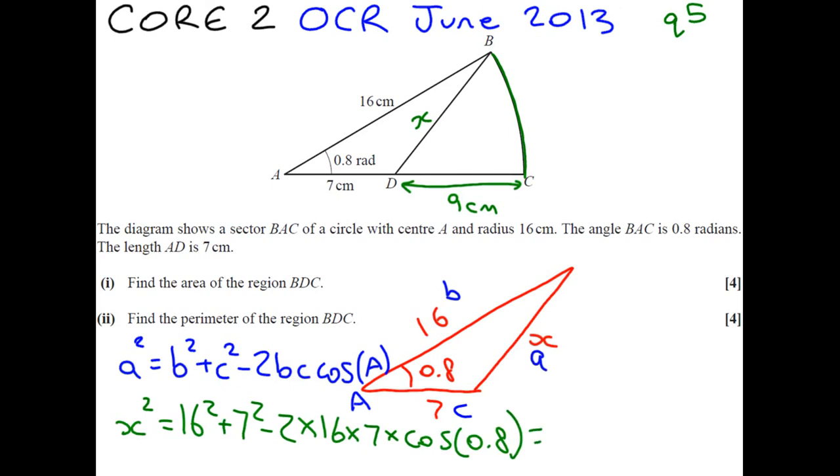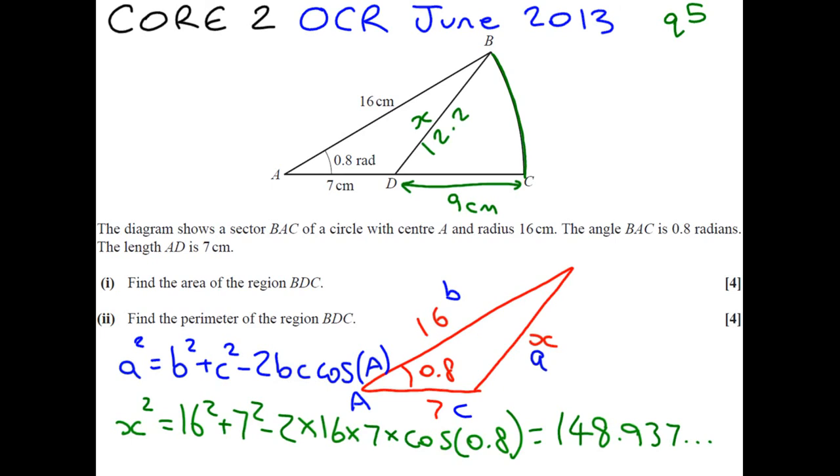If you put all that into your calculator, you're going to get 148.937, etc. Now that's for x squared, so you want to square root your answer, and that is the value of x, 12.2 to 1 decimal place.